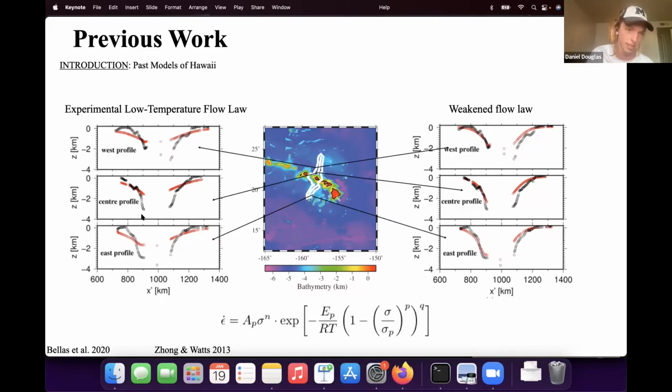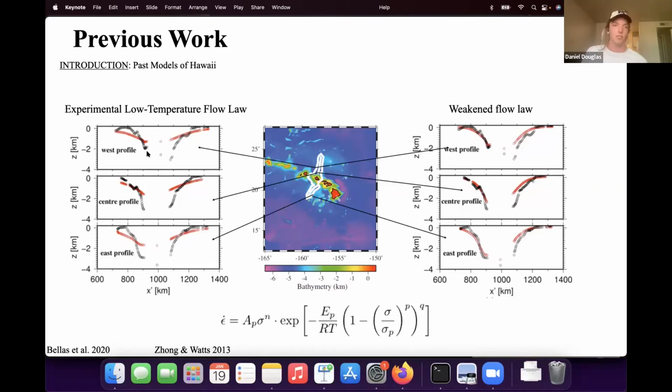I'll start on the left side here. These are amount of flexure on the y-axis versus distance along the seismic profile on the x-axis. And the black dots represent the observed physical flexure of the lithosphere along each of these profiles. And then the red dots in both of these side panels represent the calculated flexure in this study's models of flexure.